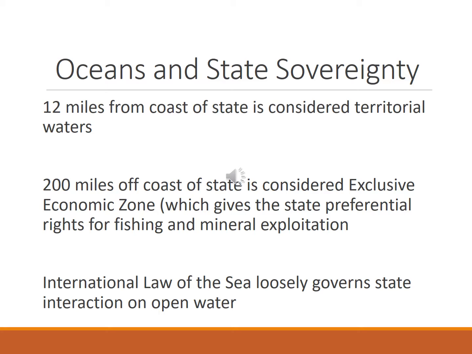Beyond this 200-mile exploitation zone, you have a set of treaties called the International Law of the Sea, which loosely governs, emphasis on the word loosely, how states interact with each other in open water. This isn't necessarily hard and fast rules. There are general procedures and protocols that states ought to follow beyond the 200-mile economic zone.